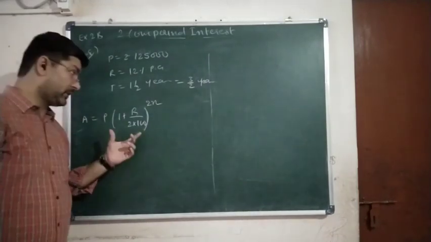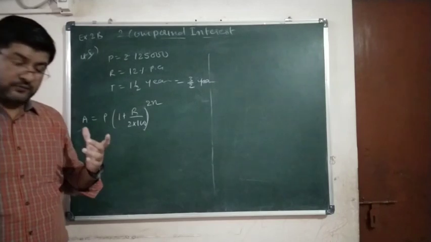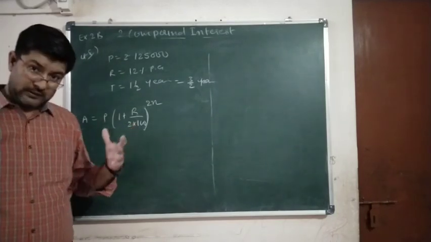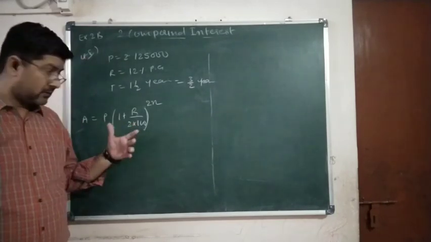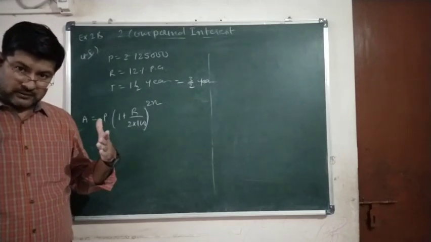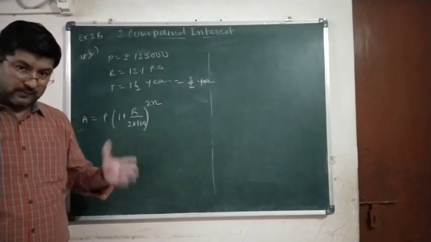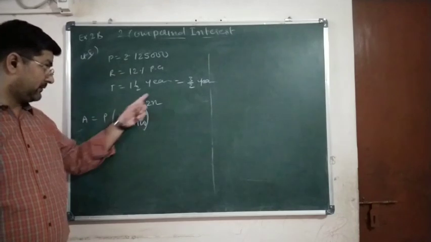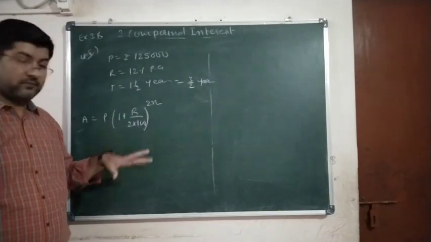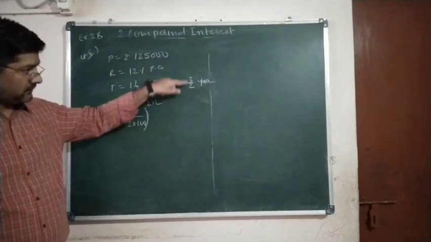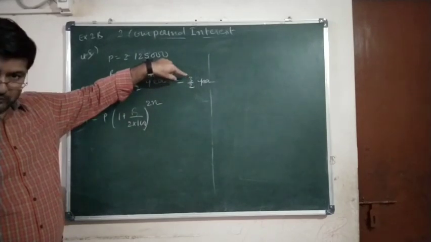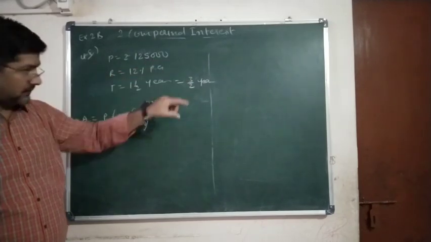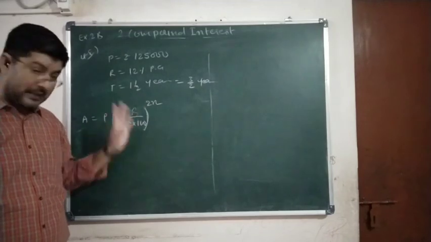Remember that whenever you are calculating the amount for the interest compounded half yearly, and whenever you are given the time in mixed fraction, then we always convert the fraction into improper fraction, because this value we are going to put directly.